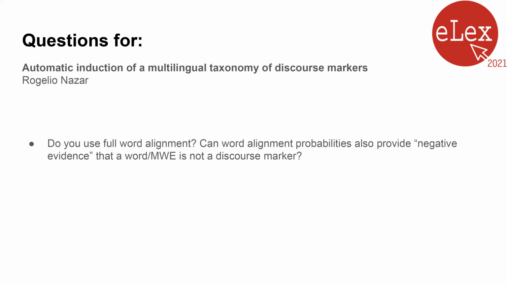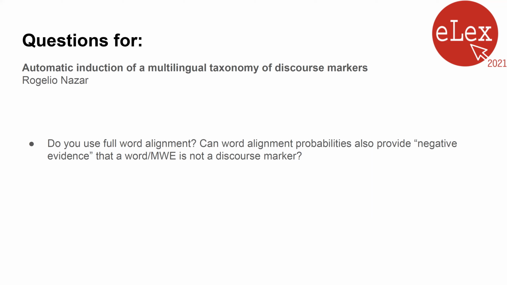Well, I think it's a good question, and it's also a good suggestion for the future. Regarding the question, we do not use full word alignment. The thing is that we first separate, in a monolingual step, the discourse markers from the rest of the vocabulary units using an information coefficient. That means if you can predict the appearance of a word given such a word, then we suppose it is not a discourse marker, because we define discourse markers as units with very low quantity of information.